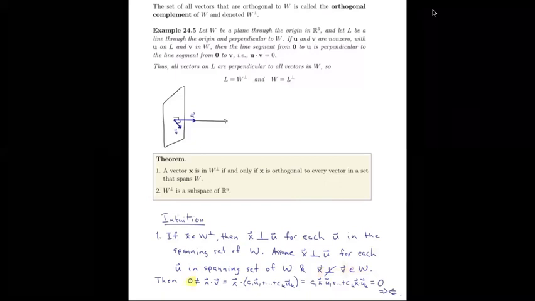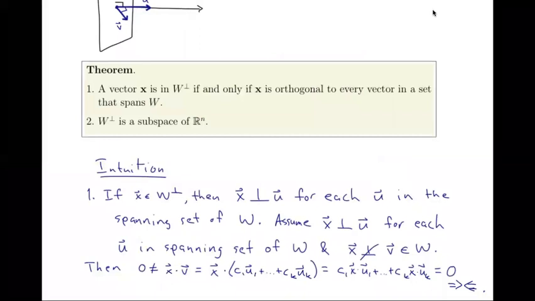But V has a representation in terms of the spanning set of W: U1 through UK spans W. So there are some weights C1 through CK such that the linear combination of U1 through UK is equal to V. We replace V with that linear combination.